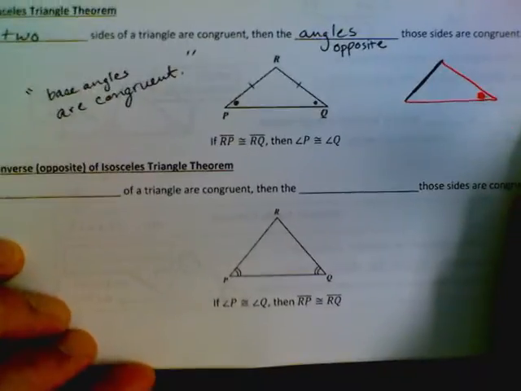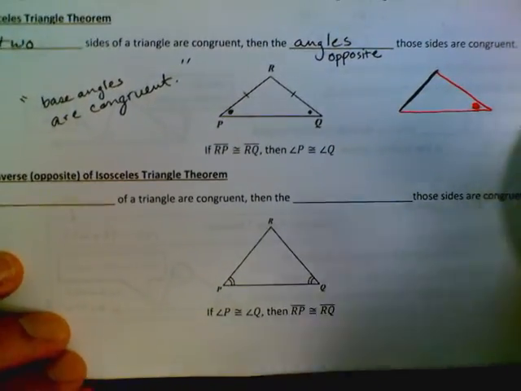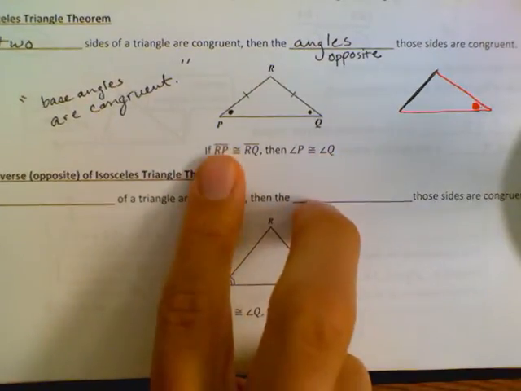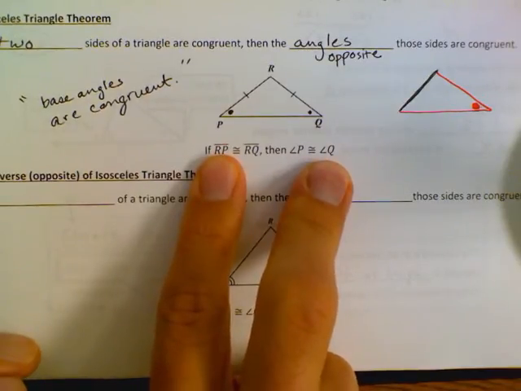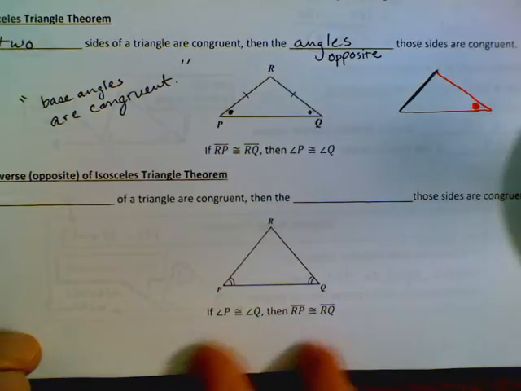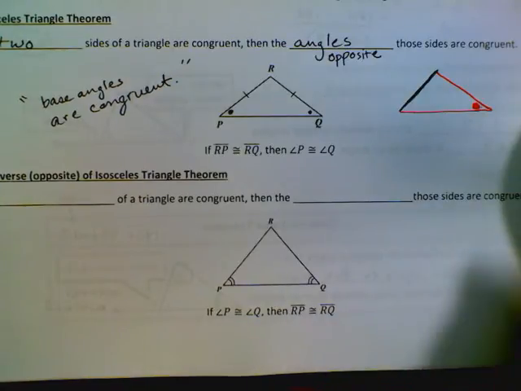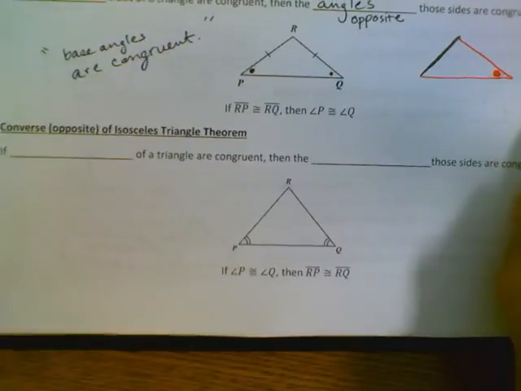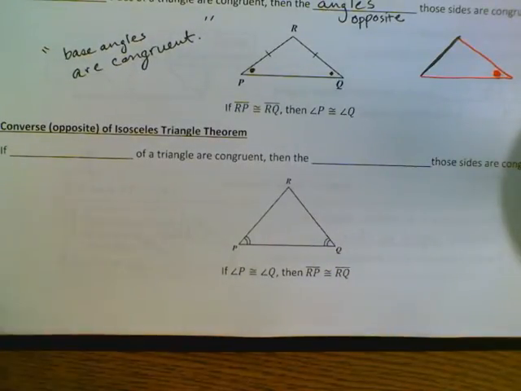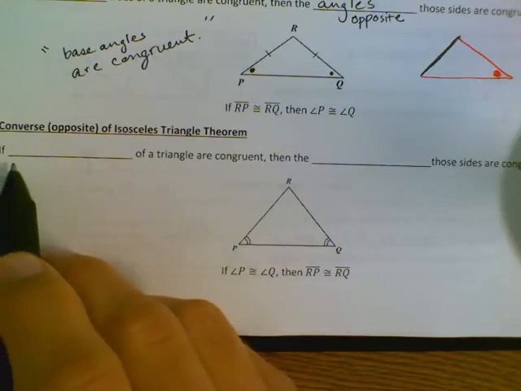All right, and the converse just means that we take the hypothesis and the conclusion of this sentence and we switch them. So this time we're just saying that if the angles are congruent, then the opposite sides are congruent. So let's try to fill in the blanks here.